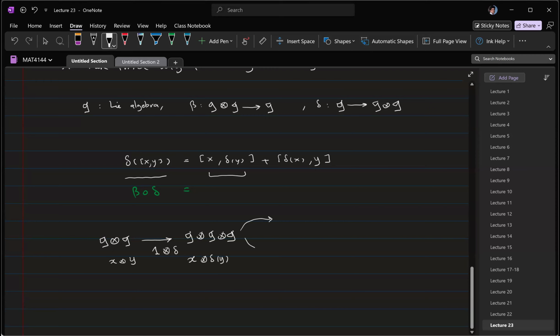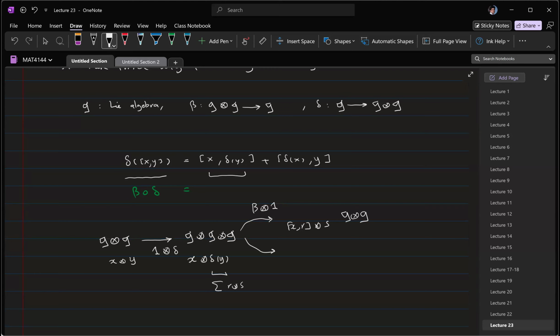So there's two ways to proceed. The first way, if I think about this as a sum of R tensor S's, I should get XR tensor S. And for this, I have to apply the Lie bracket to the first component. So I should do beta tensor 1, which will put me in G tensor G, and that's good. For the second one, though, I have to apply X to S. And I cannot just write beta of the first and the third component.